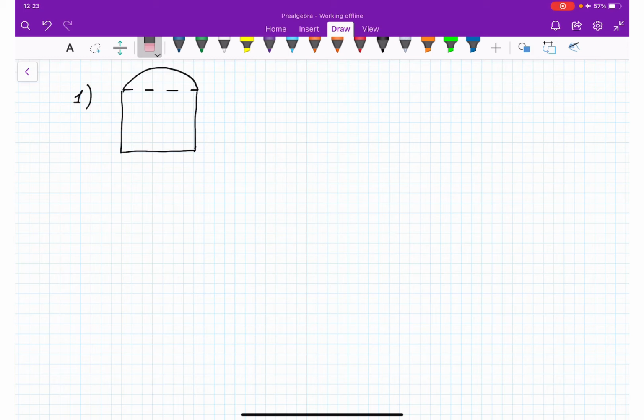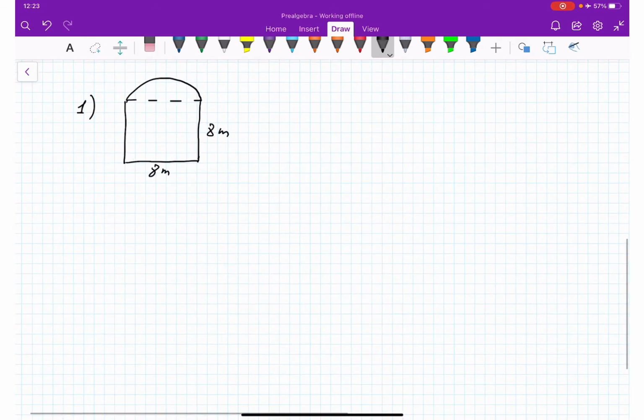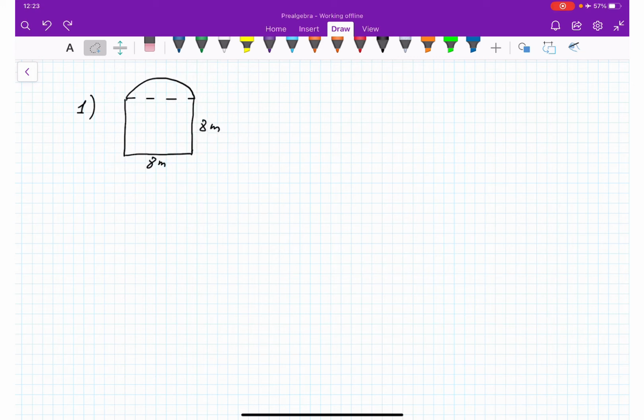All right, we have 8 meters this side, 8 meters this side. And we need to find the perimeter.